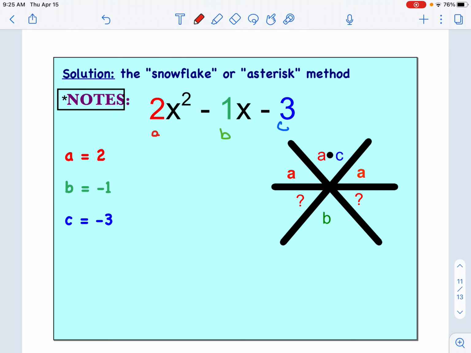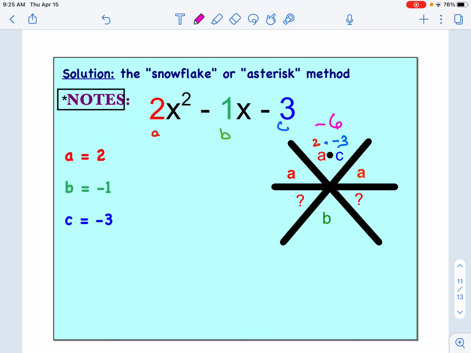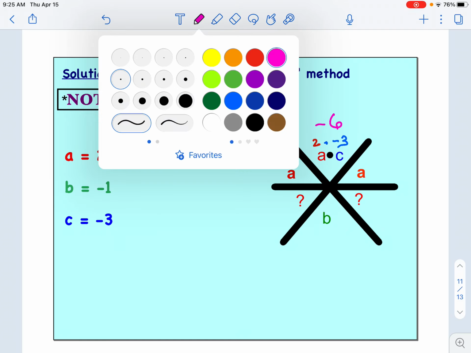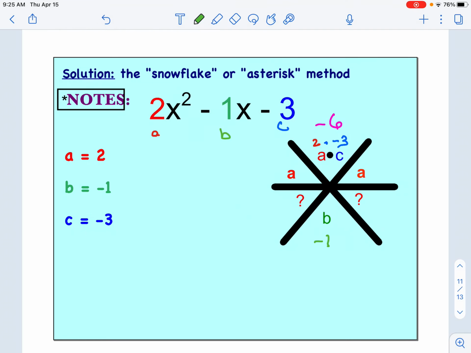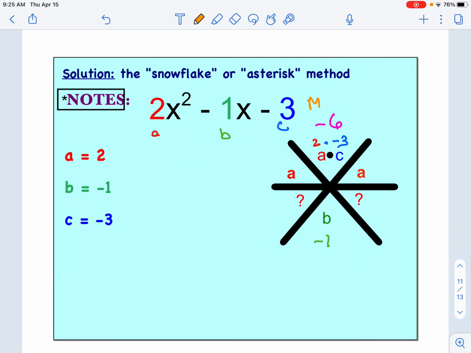So our A is 2 times our C value, which is negative 3. So what's going to go up there is negative 6. Our B value is simply negative 1.